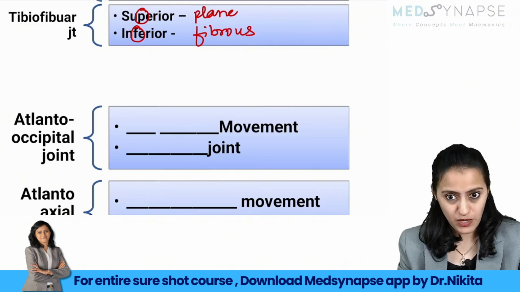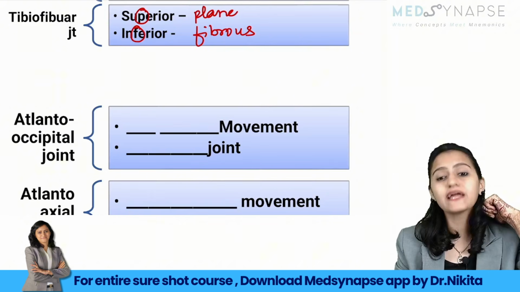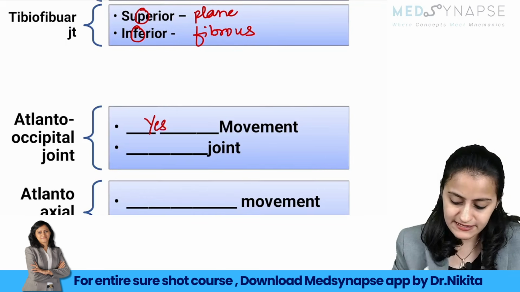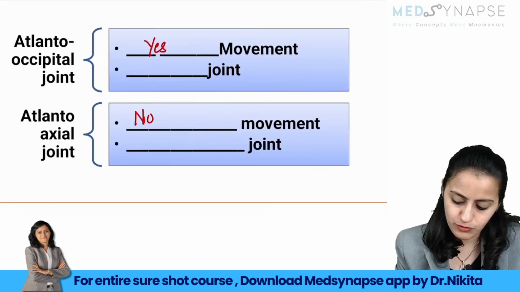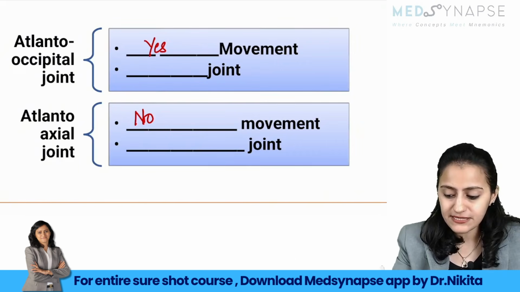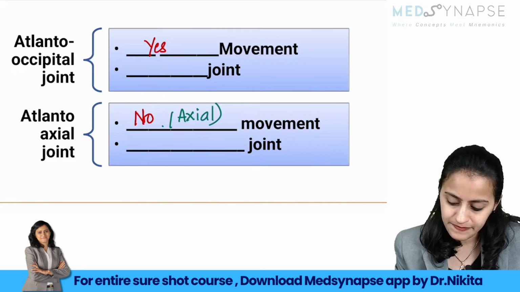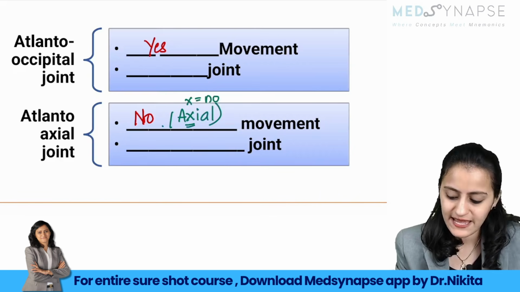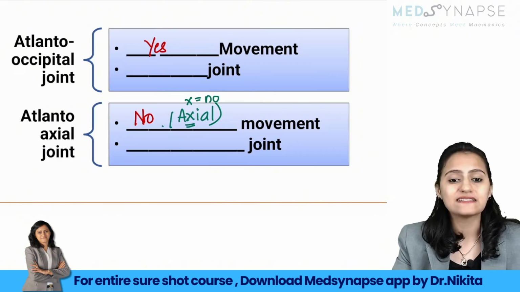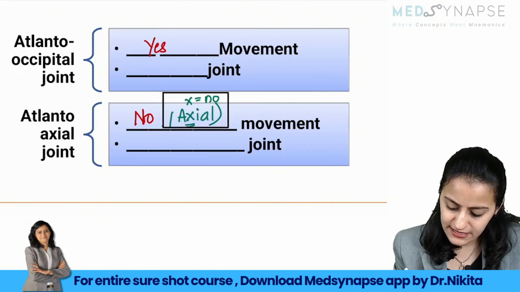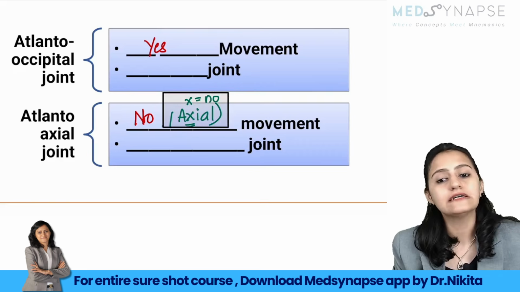Atlanto-occipital joint, what movement do we do here? Occiput and atlas. Remember, that is the yes movement. The atlantoaxial is the no movement. How do you remember this? When I say atlantoaxial, axial is the x, and x means no. So it is the atlantoaxial one where you have the no movement.